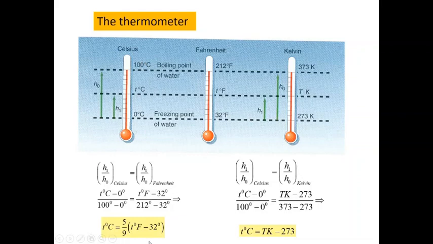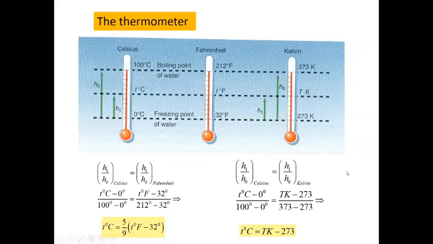So this is a formula to convert from Fahrenheit to degrees Celsius. And similarly, by using this formula you can find how to find Fahrenheit by knowing degrees Celsius.